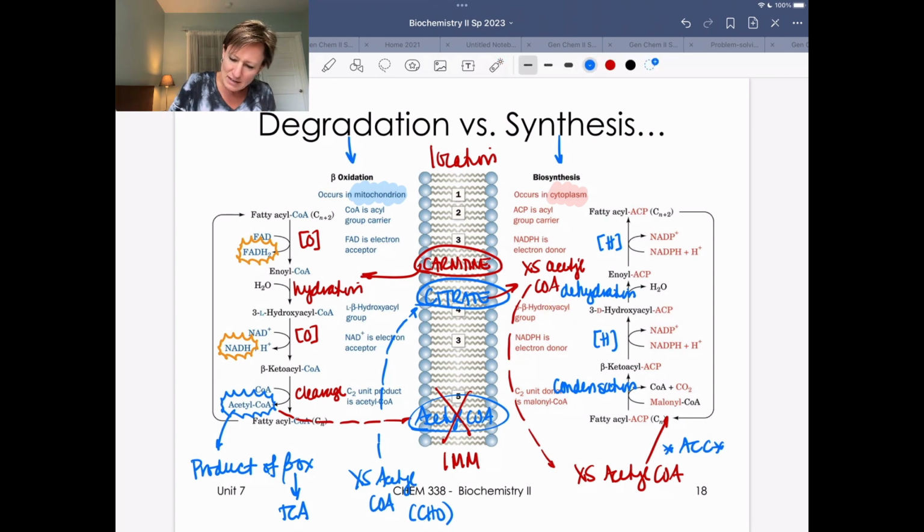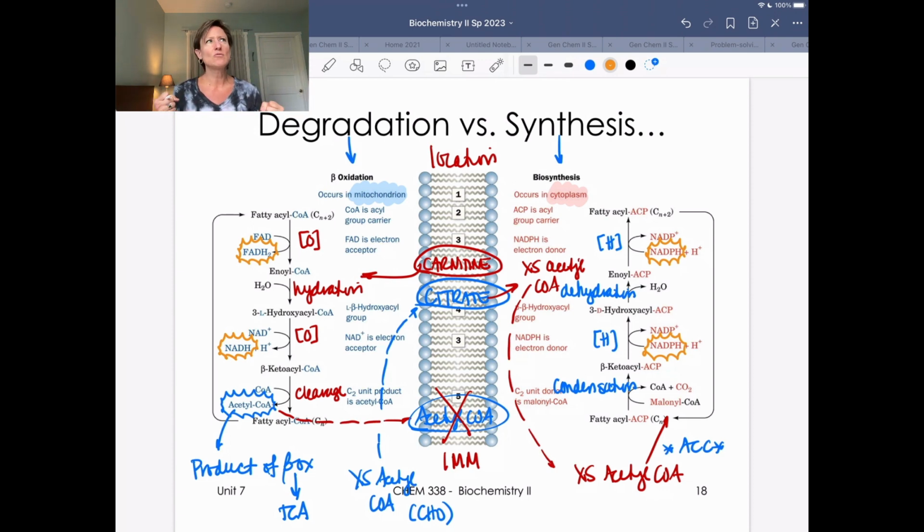And a big difference here too is we are using NADPH to do this reductive biosynthesis. Remember, we talked about that being synthesized in the pentose phosphate pathway. The purpose of NADPH was largely reductive biosynthesis. Okay, so there are lots of things in play here that allow us to regulate very closely what's happening.